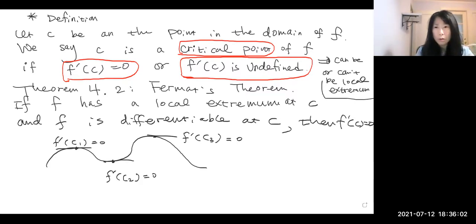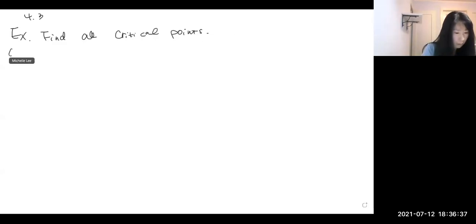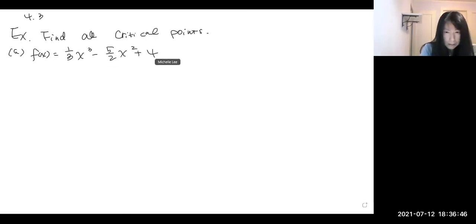All right, so then let us find the critical points algebraically. Let me erase this. x squared plus 4x.